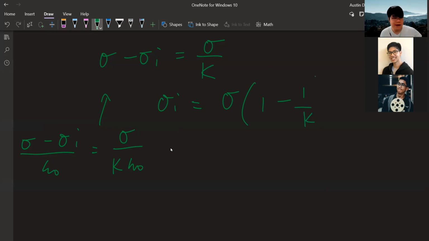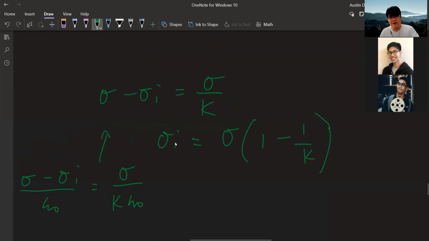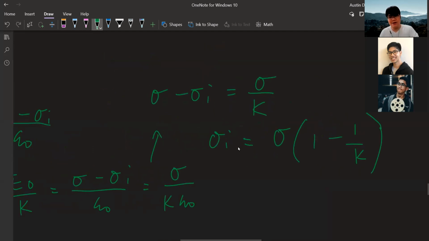Okay, let me grab my notes. Okay, so we have this surface charge density sigma I. So this sigma I would be the ones that tell me that those are the induced charges. Okay.